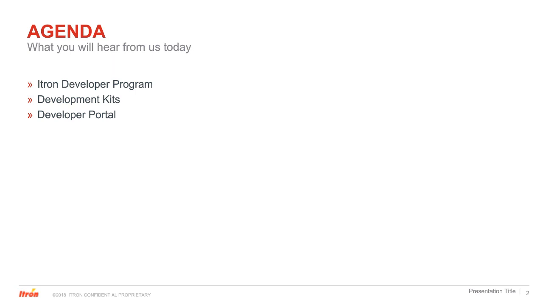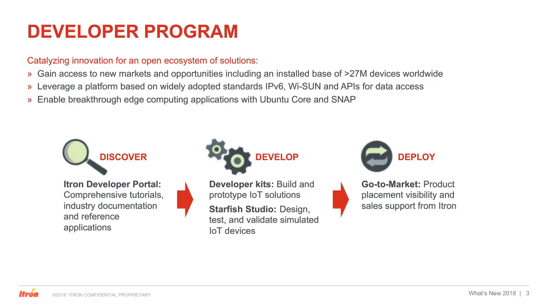All right. So why come to us? Well, obviously gaining access to our customer base, and we want to enable our partners to do that. Most of you probably know that Itron recently acquired Silver Spring.